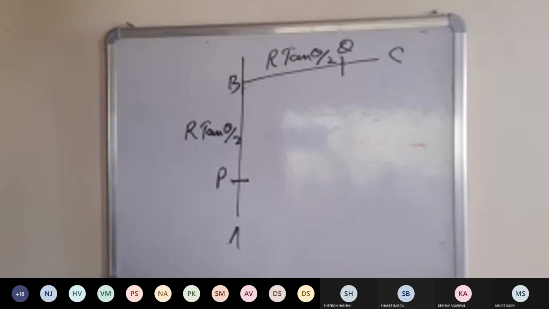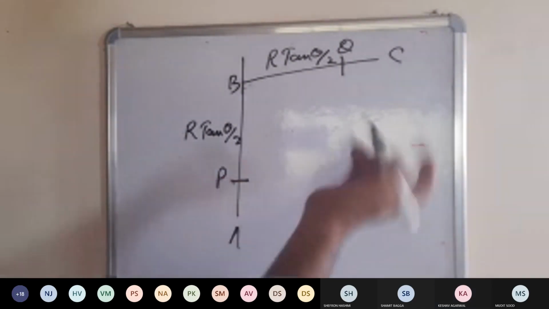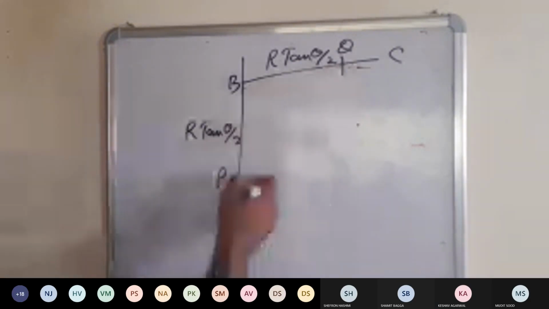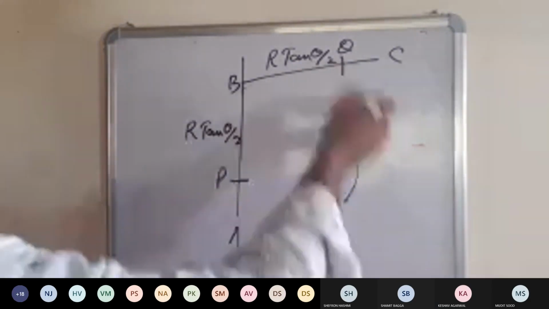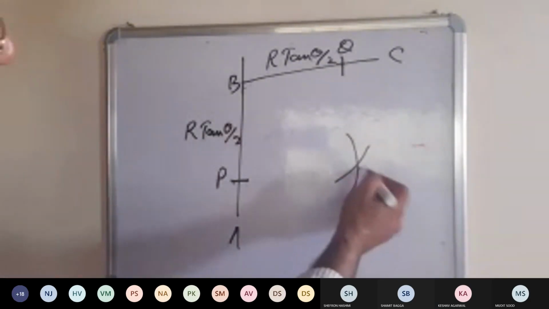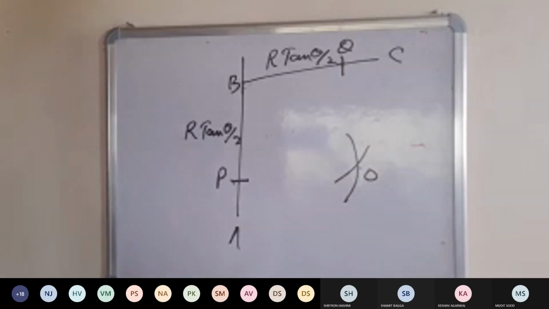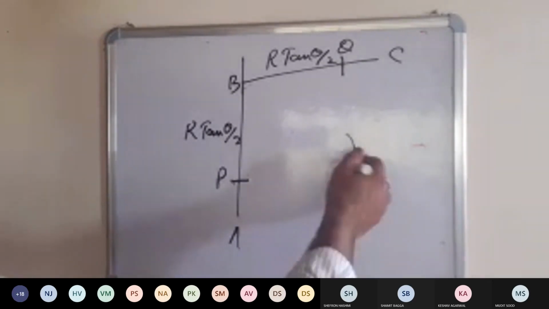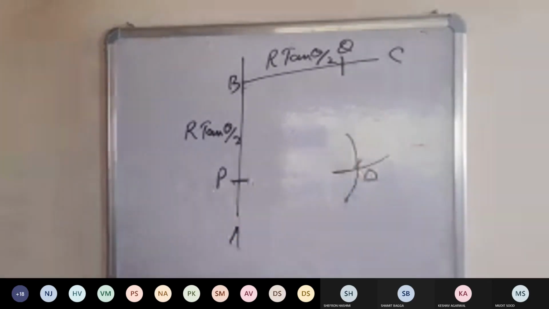This is the third point. Fourth point says that from P and Q cut 2 arcs such that they intersect at point O. Correct? Point number 4, read.